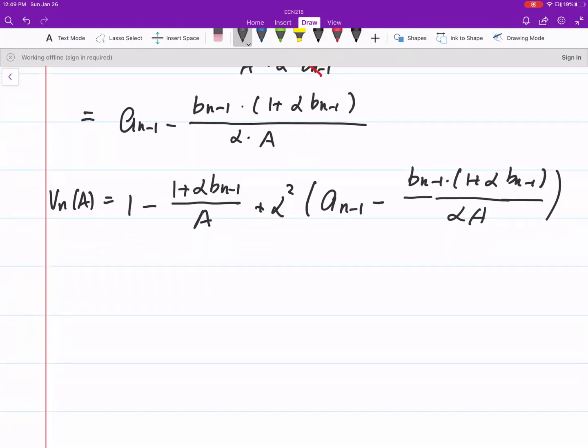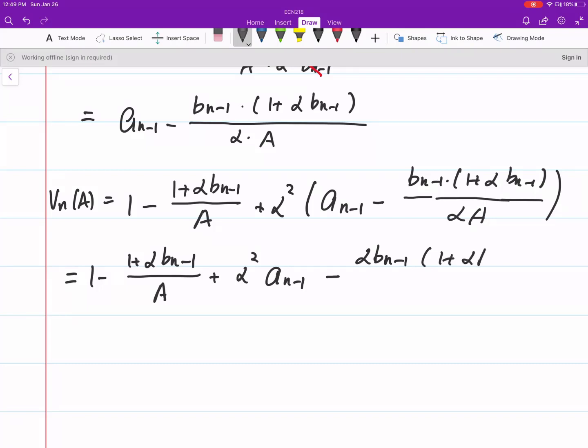And we need to simplify. So if we simplify, this is going to be 1 minus 1 plus alpha b_{n-1} over A. And this part we have alpha squared a_{n-1}. And when alpha is cancelled, so we have minus over here alpha b_{n-1}, 1 plus alpha b_{n-1}. Yeah, that's okay. And then over A when alpha is cancelled.